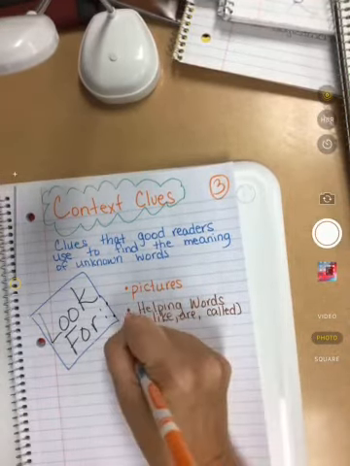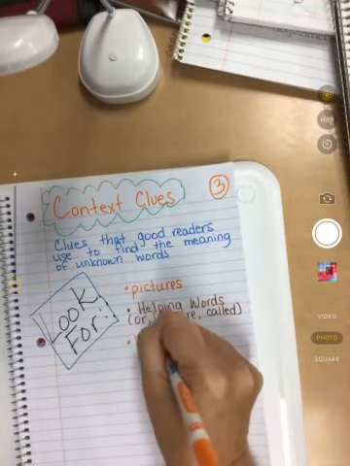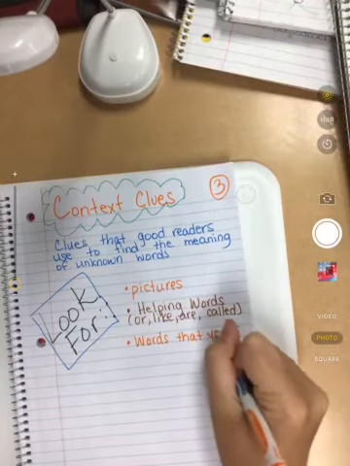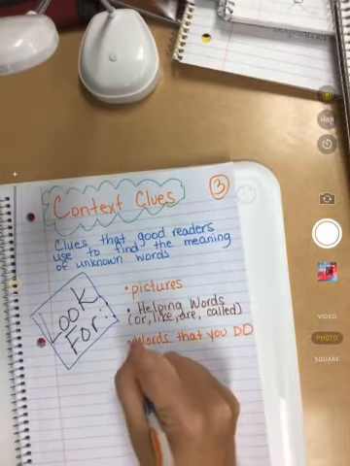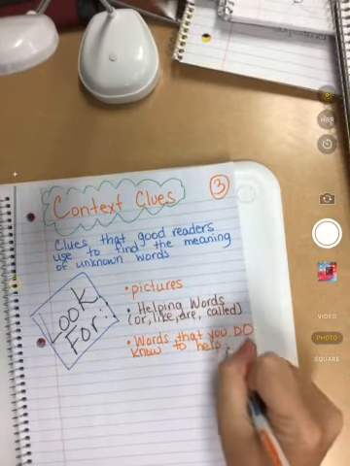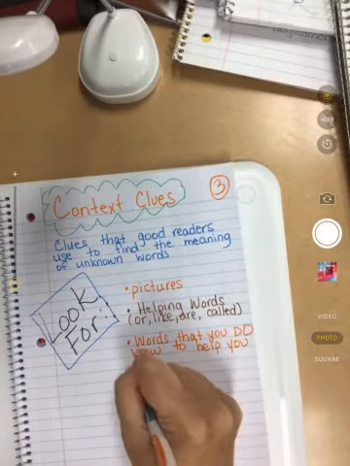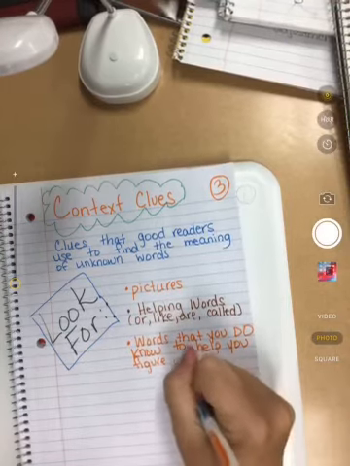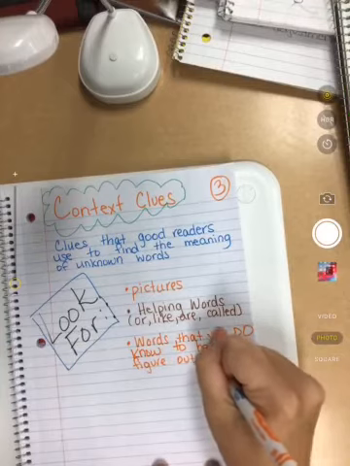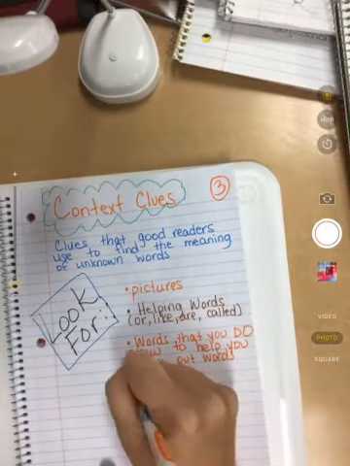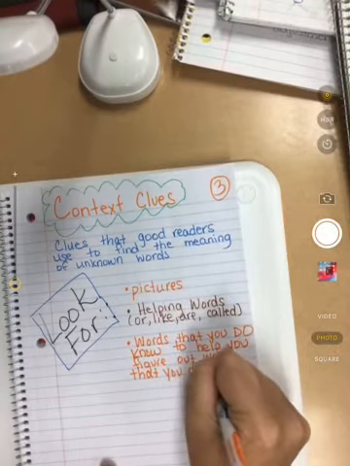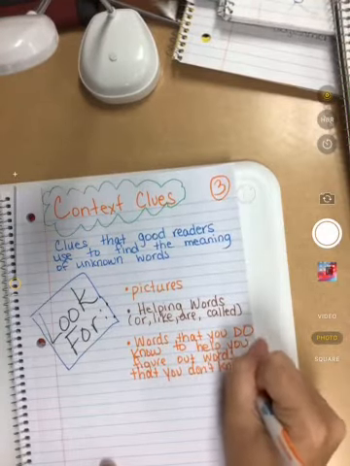Another is looking for words that you do know to help you figure out words that you don't know.